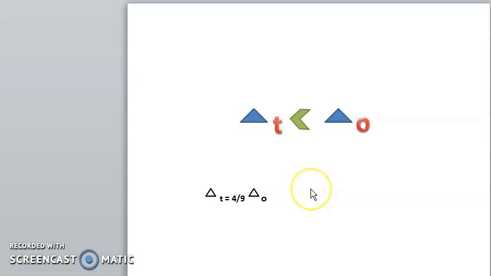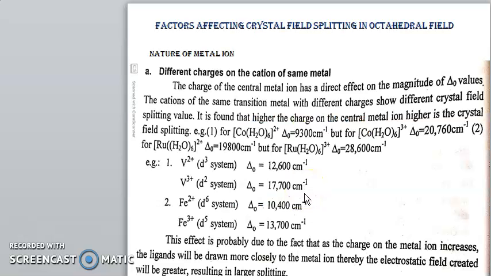In the last few lectures we have seen crystal field splitting in the octahedral field, then in the distorted octahedral field, then in the square planar field, and in today's lecture we have seen the crystal field splitting in the tetrahedral field. Now we have to see the factors affecting crystal field splitting in the octahedral field.